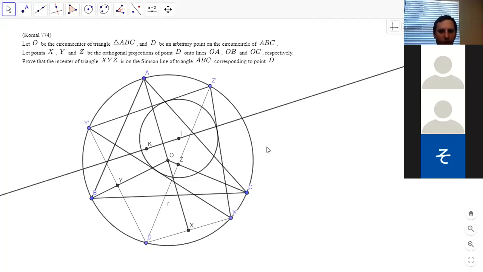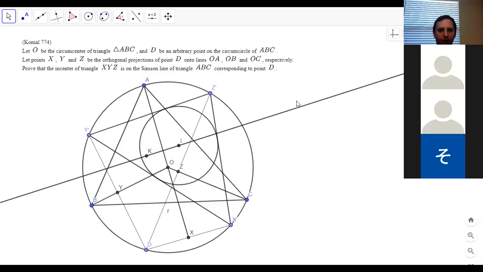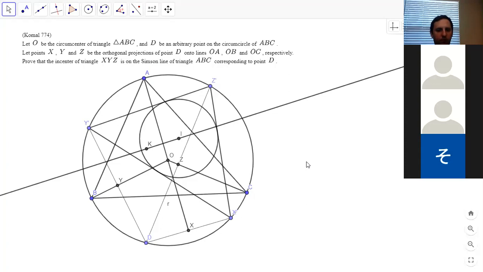So what's true about the Steiner line? I just don't know much about it. Like, what's a property of the Steiner line besides the definition?